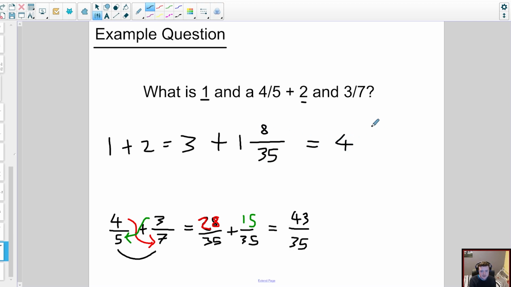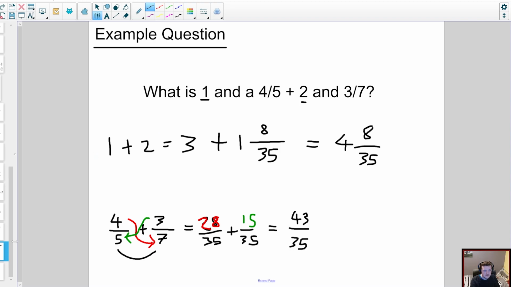This is a fraction, but there's only one fraction now, so it's 8 out of 35. Can I simplify that anymore? No, because 8 doesn't go into 35, and one's even and one's odd, so we're stuck as we are. So our answer in this case is 4 and 8/35. So do the whole numbers first, then do the fraction bit, and work it out from there.